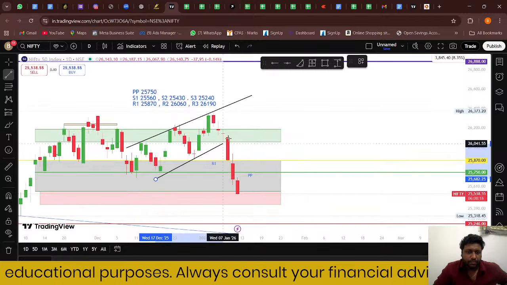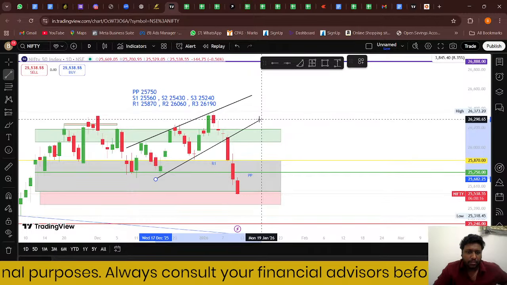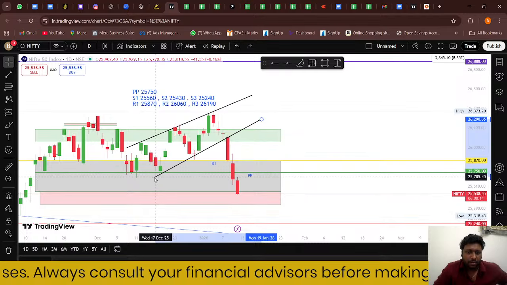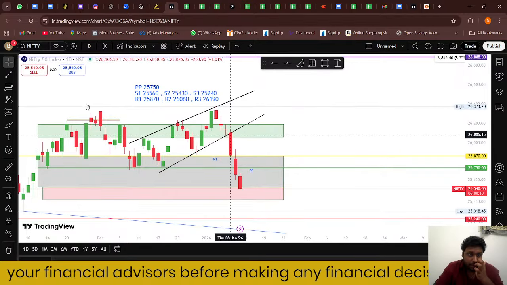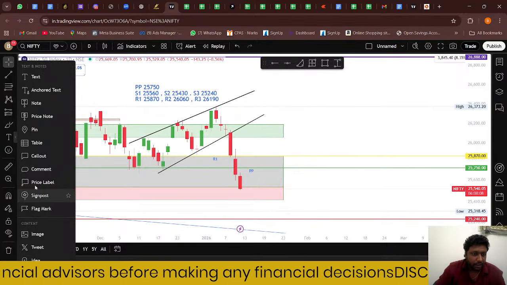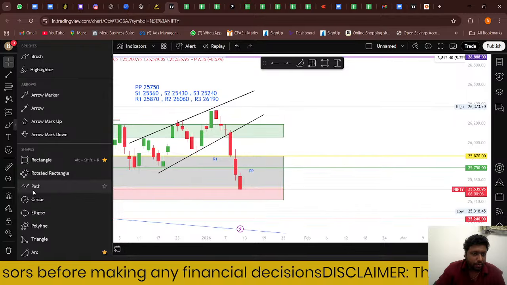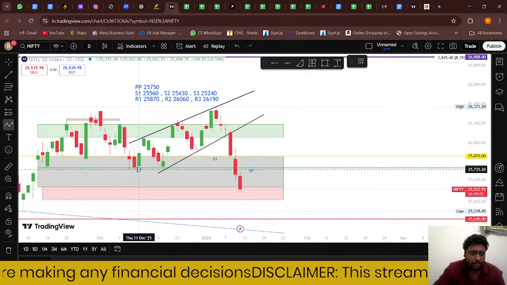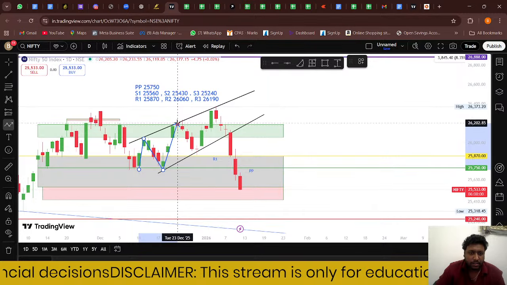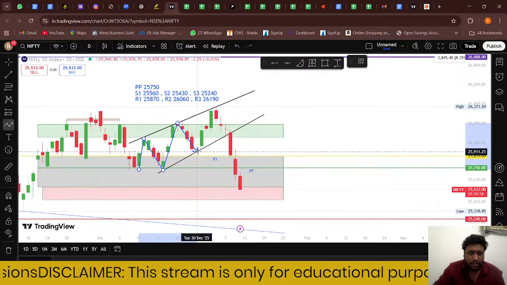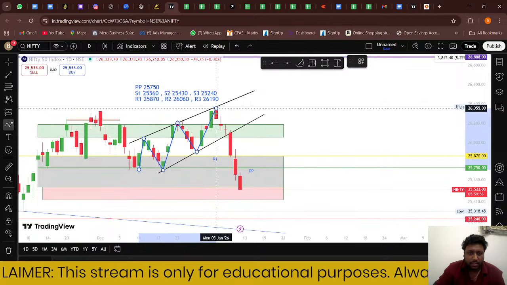So also an open channel was being created and got broken down. And another thing is that a higher-lower pattern was also being created, which was again changed.